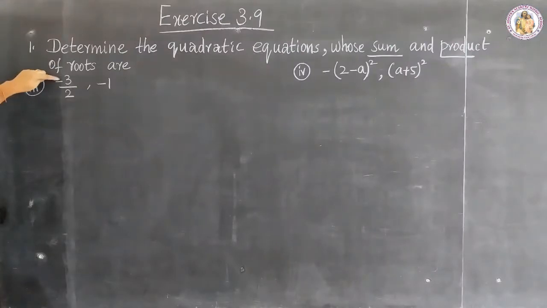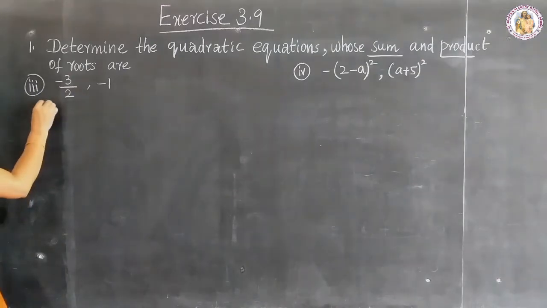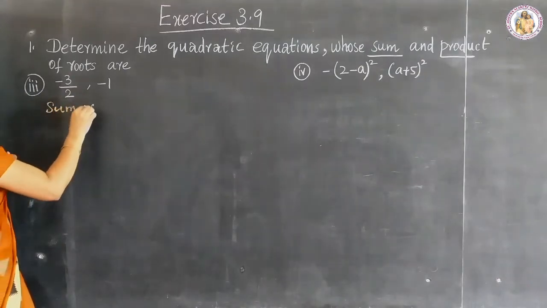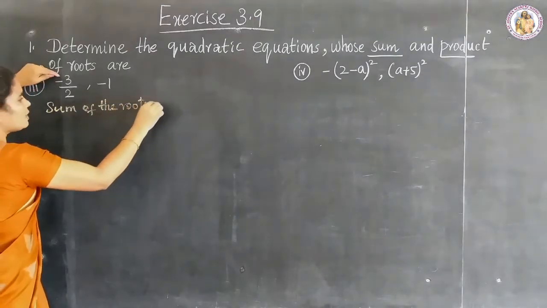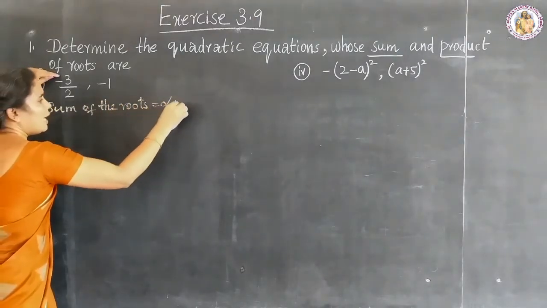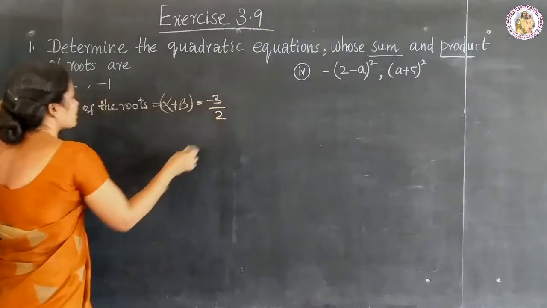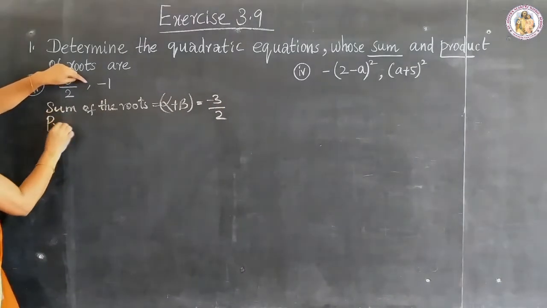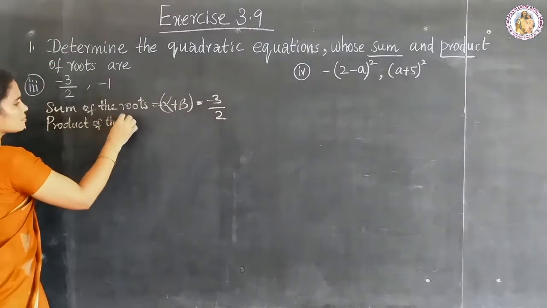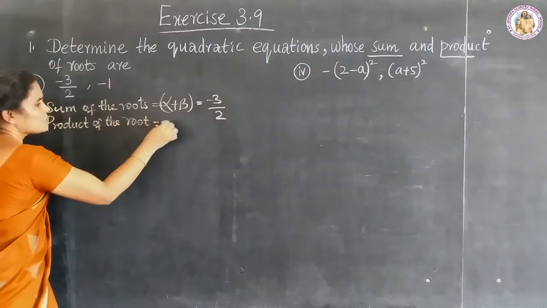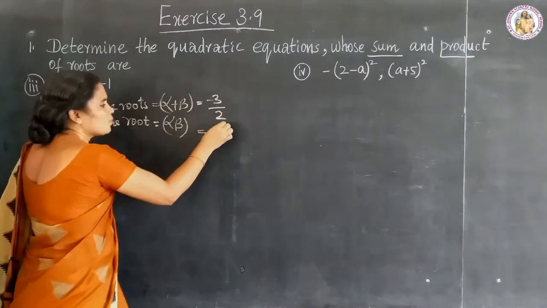Question number 3: minus 3 by 2, comma, minus 1. So the sum of the roots, alpha plus beta, is equal to minus 3 by 2, and the product of the roots, alpha into beta, is equal to minus 1.